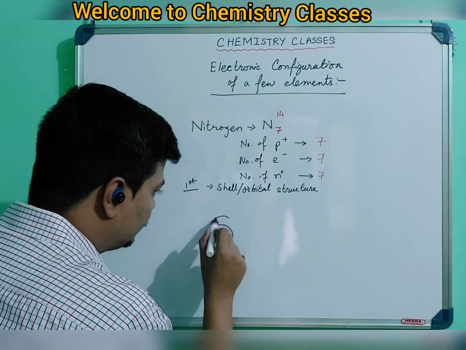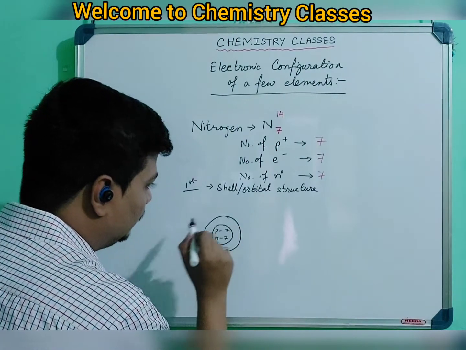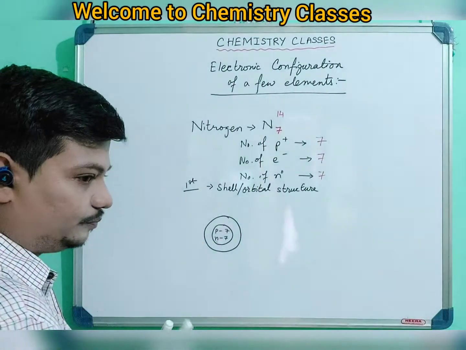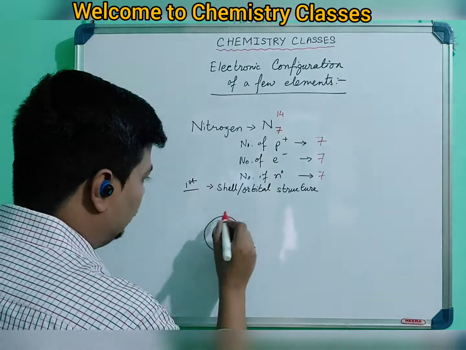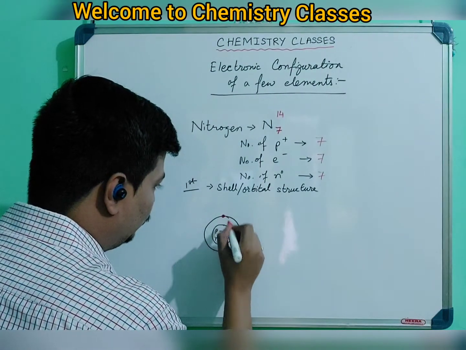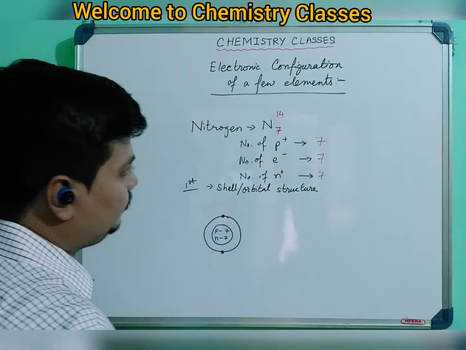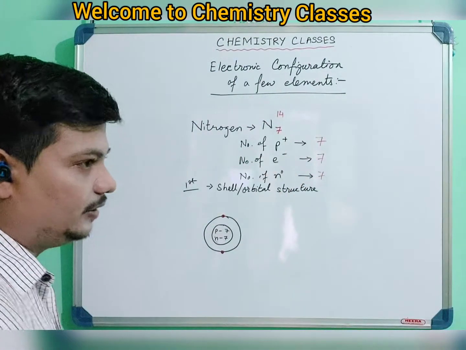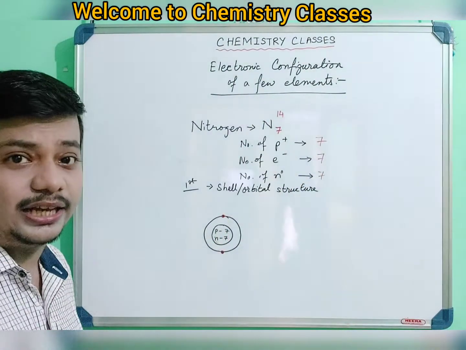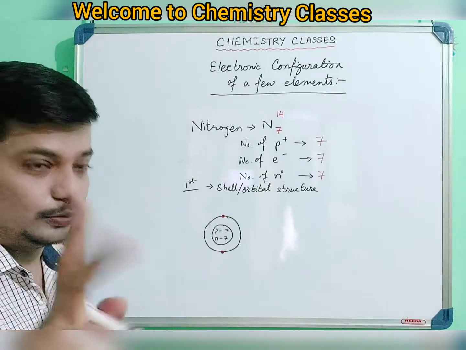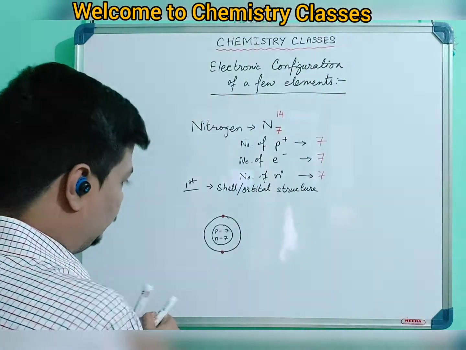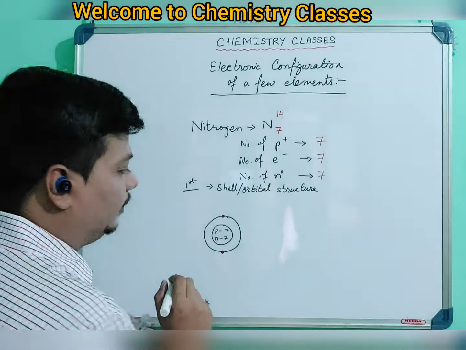Now in the first orbit, that is the K shell, it will have 2 electrons. Since total number of electrons are 7, the first shell, that is the K shell, can accommodate only 2 electrons. So 2 electrons I have given in the first shell.